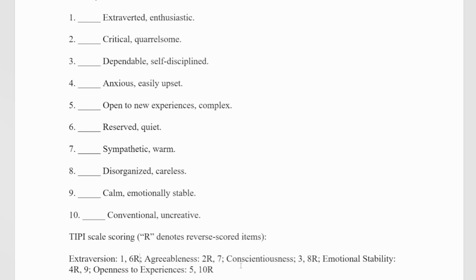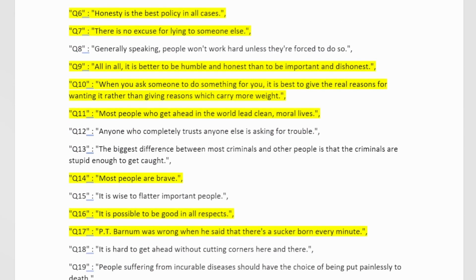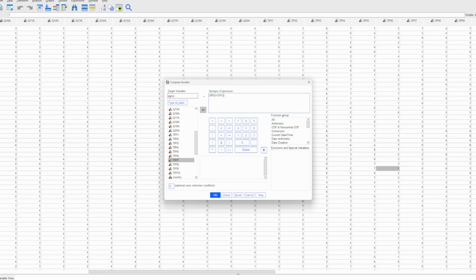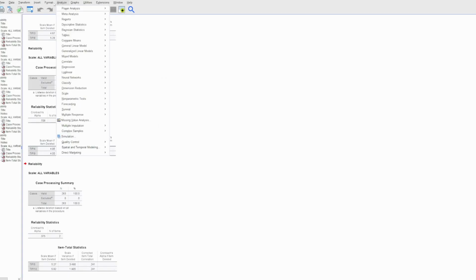If you don't know what the subscales are of a scale, find that. You don't want to do it intuitively as I demonstrated with the Mach 4 scale, right? So TP2 plus TP7 divided by 2 gives us our agreeableness.